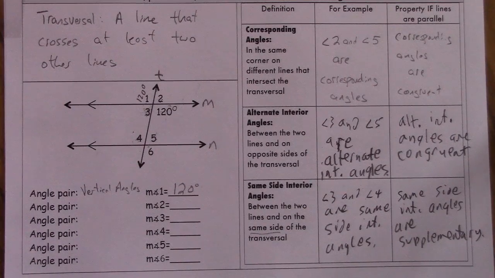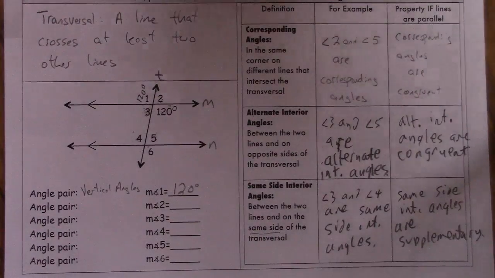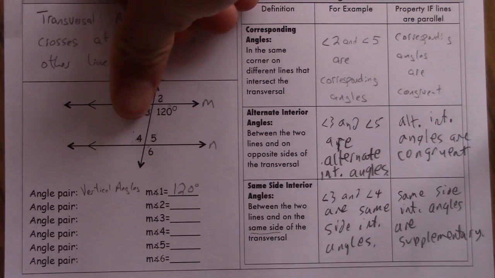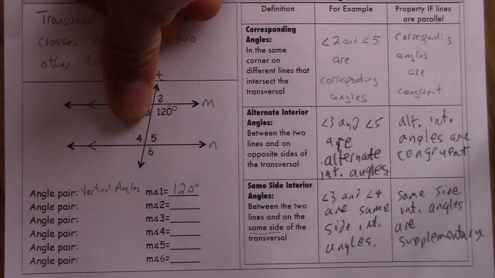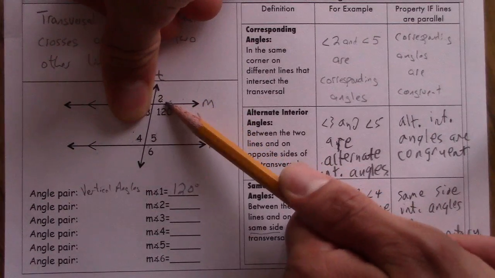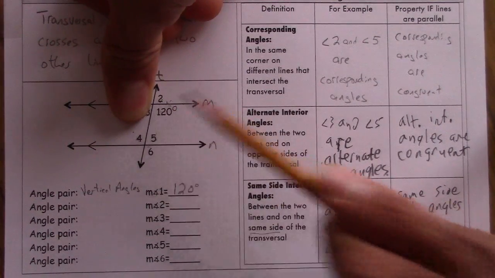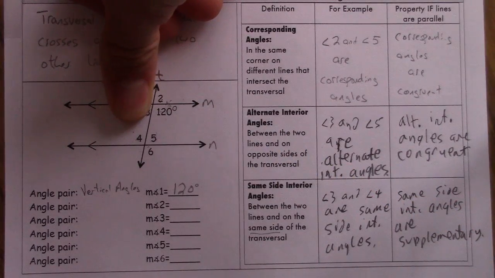Angle 2. Do we have to go in order? You don't have to, but our goal in this problem is to link it back to the original 120. So I'm just gonna cover those up. Okay. We notice that angle 2 and 120 combine to make a straight line. That's a linear pair.